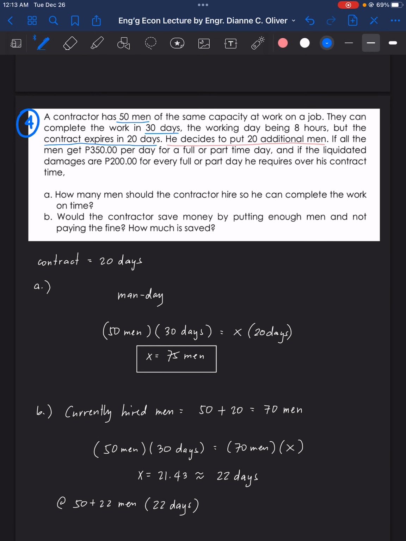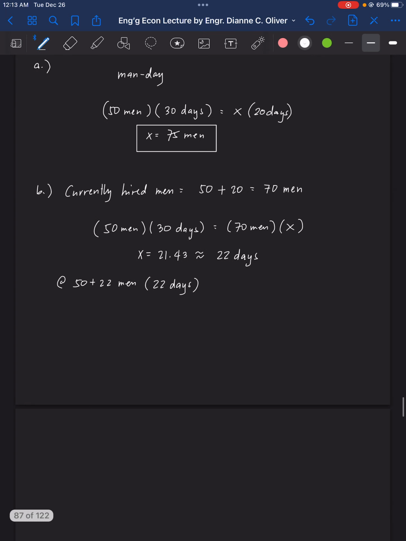There are how many items? The 350 pesos per day is for the labor, and there is also the penalty. So how much is the penalty? That is 200 pesos penalty. So first we put here the labor cost.